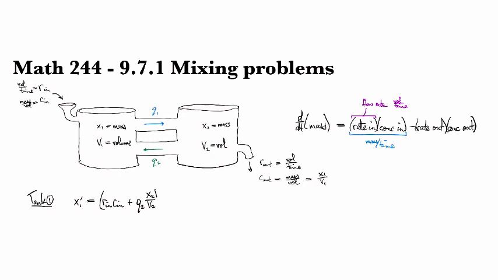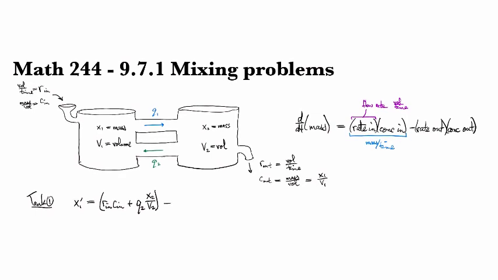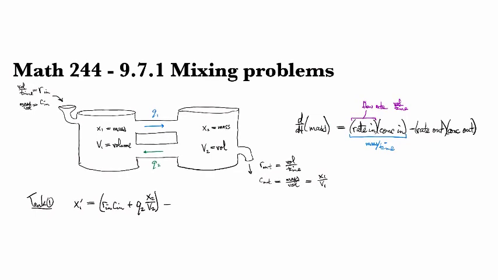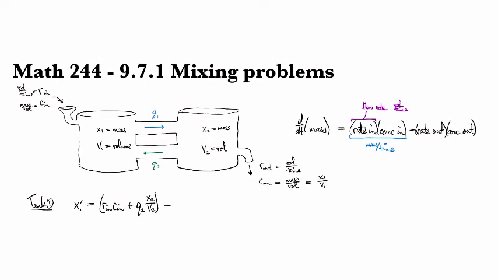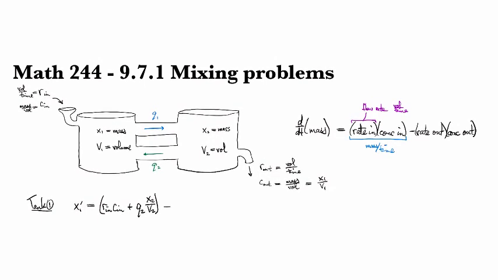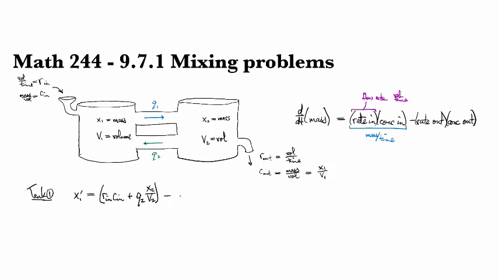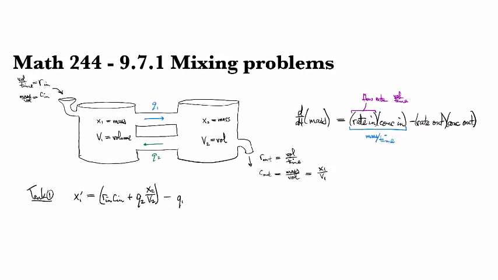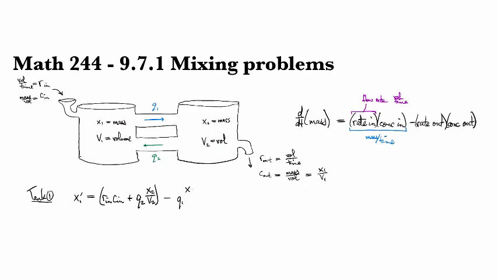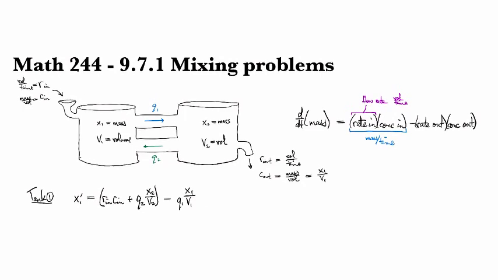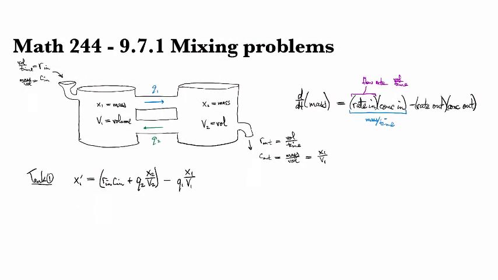That's incoming minus outgoing. The outgoing is what's coming out through this tube: Q1 times the concentration in tank 1. So we have this equation.